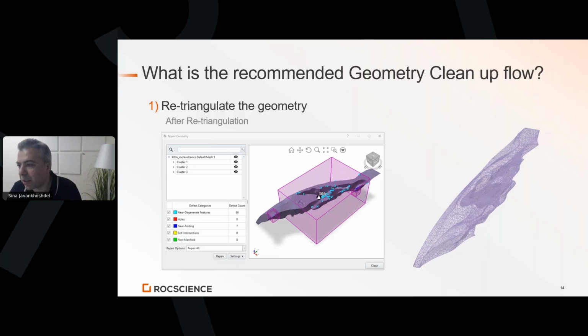With one click of retriangulation, which is recommended for every single geometry that you import to SLIDE, you need to retriangulate and fix these issues. You can see how the triangulation is smoother and a little bit coarser than the previous one, with the same size and much fewer issues.